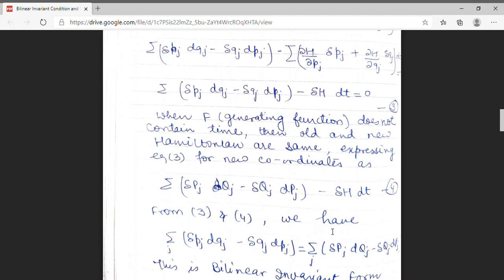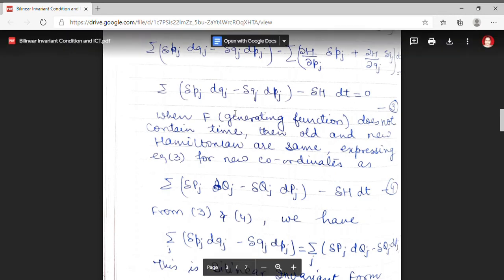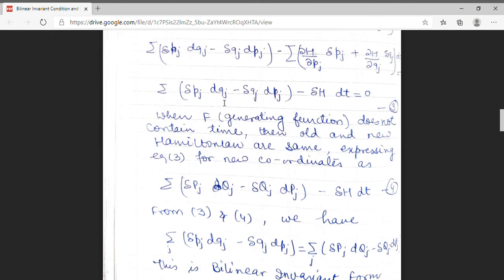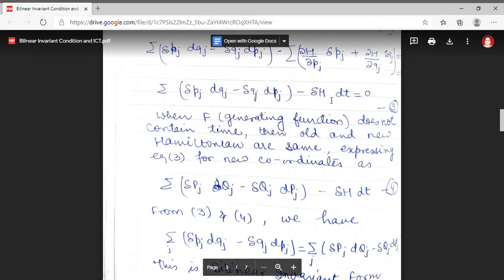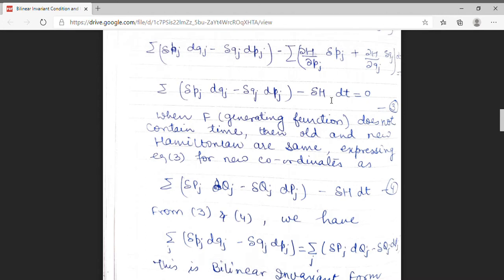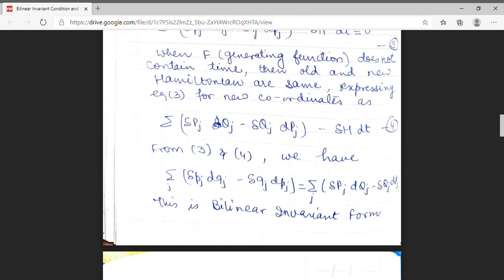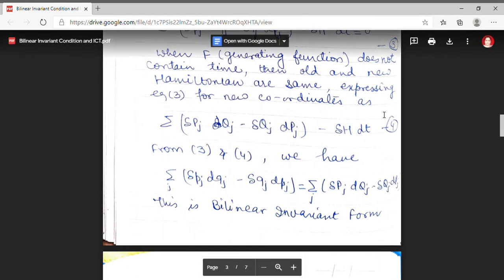So we can express our third expression in terms of new coordinates, where we have simply replaced small coordinates by capital coordinates. That means small pj is capital Pj here and small qj is capital Qj. But H remains the same because F does not depend on time. So we have the third and fourth expressions.